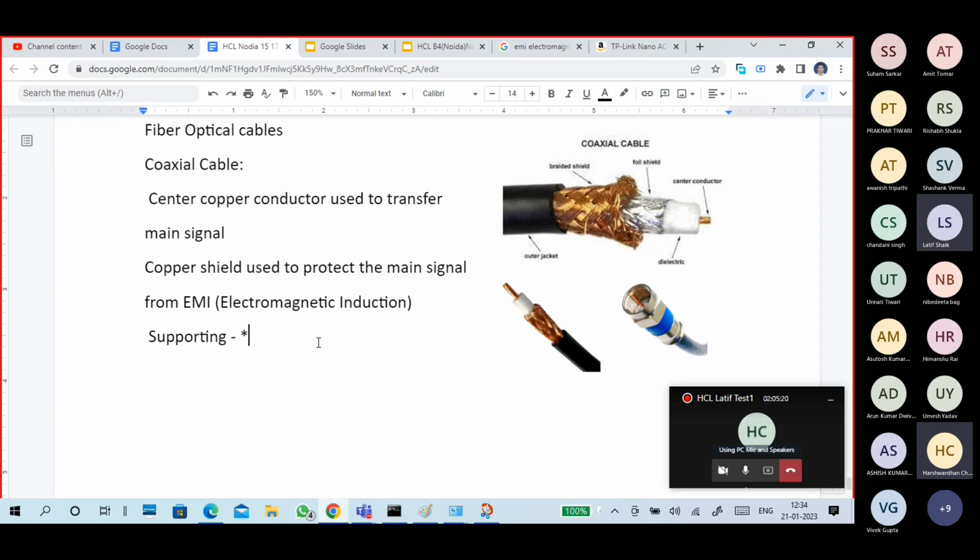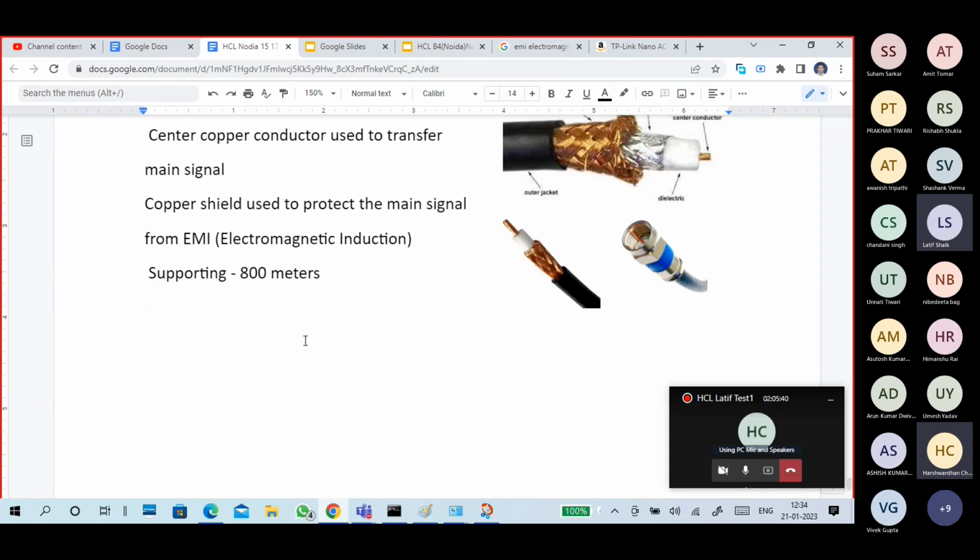The cable supports a distance of approximately 800 meters. Nowadays we are not using these cables for network communication.